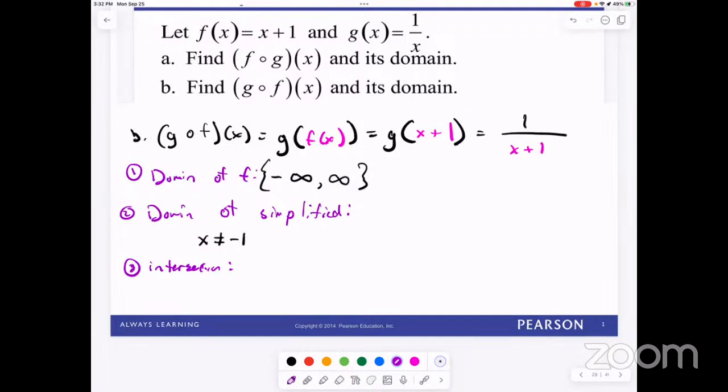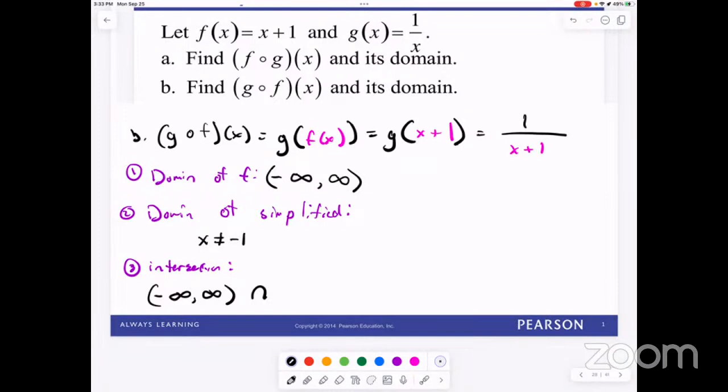So the first set is all reals, which is negative infinity to infinity, intersection, everything except negative 1.